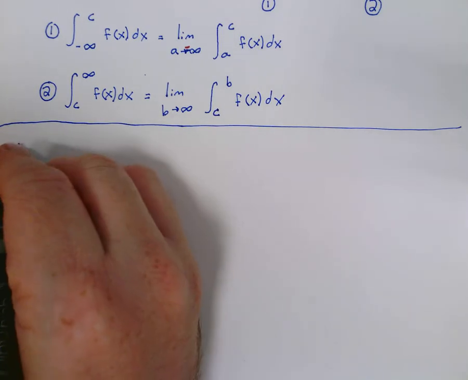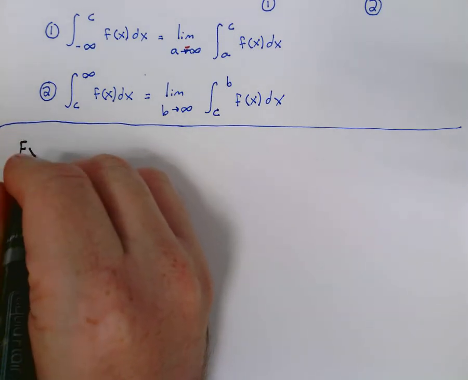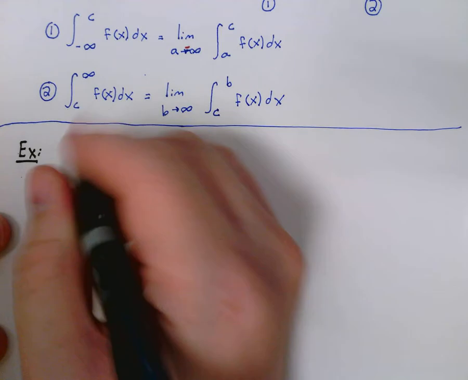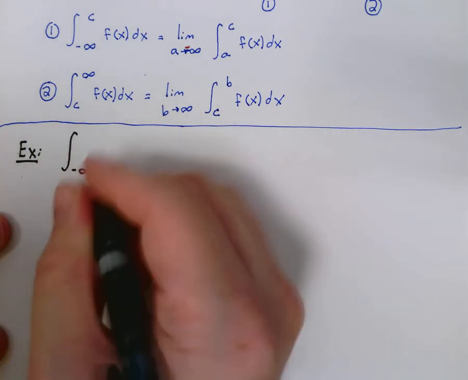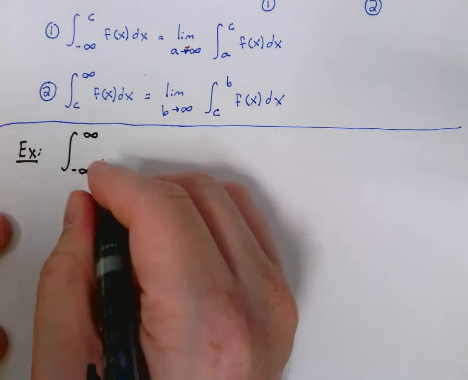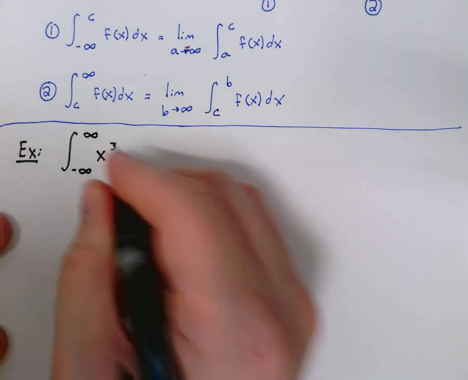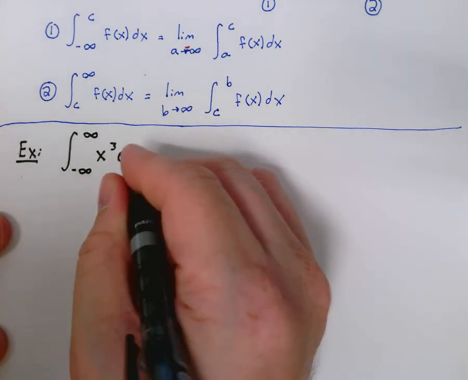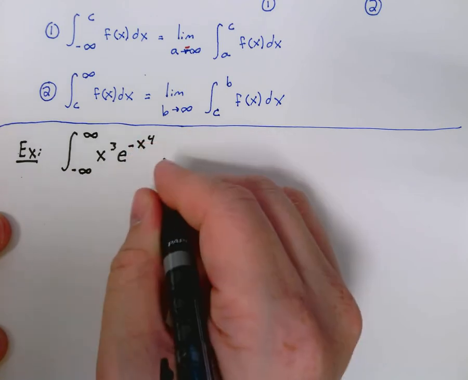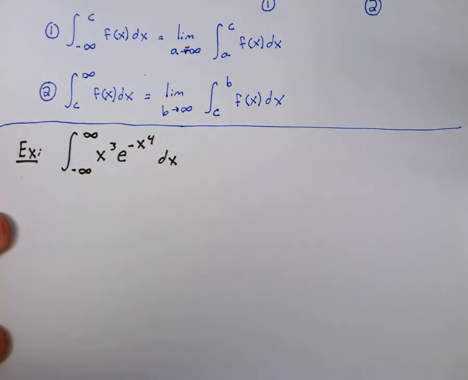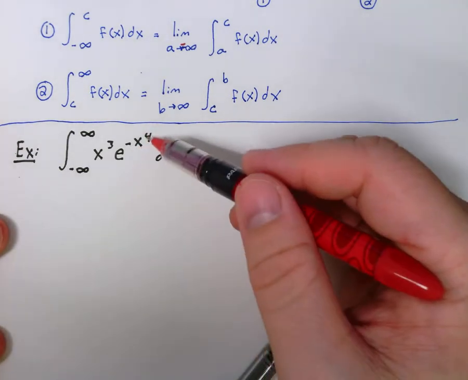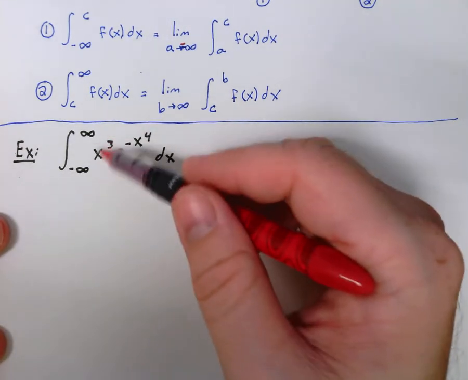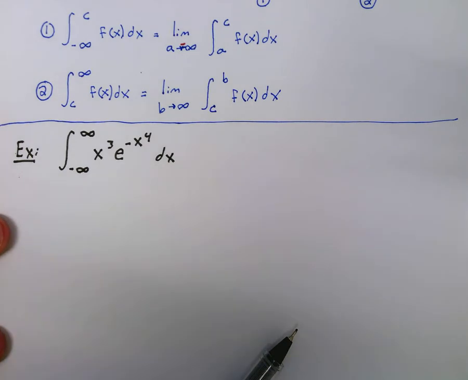Okay, so let's do an example. Let's consider negative infinity to infinity of x cubed e to the negative x to the fourth dx. Right off the bat, you should see that the derivative of negative x to the fourth is something with x cubed in it, so I'm going to be using u substitution.